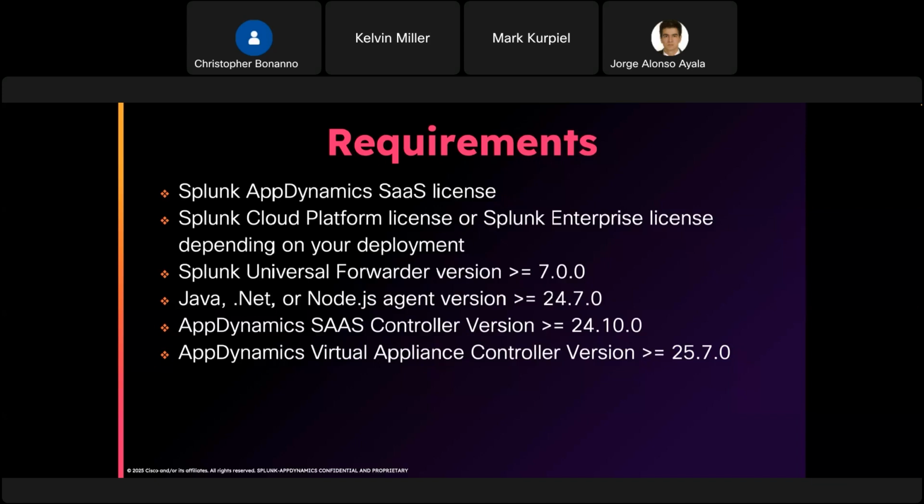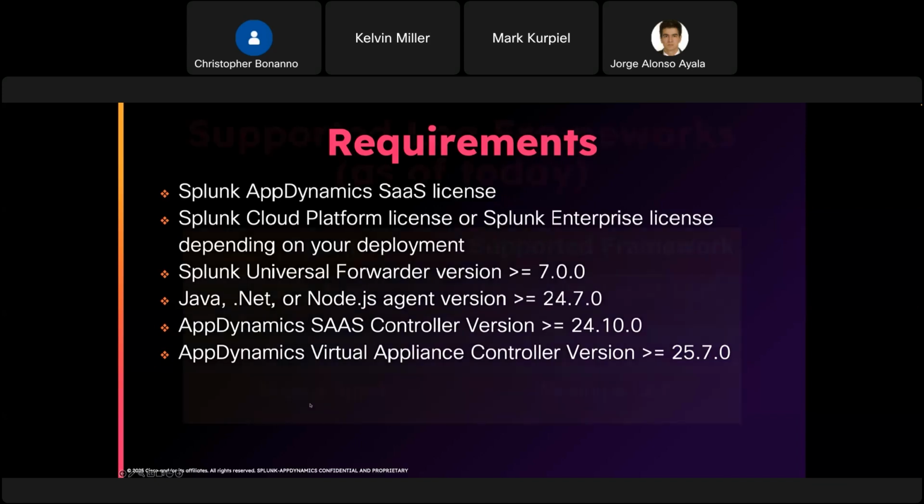And then also you need to have a newer version of the AppDynamics controller, either the virtual appliance, which is kind of self-hosted, or SaaS. Either one of those will work. The legacy on-prem does not work currently, but it's something to keep your eye on. And then also make sure that you're running those correct versions of either one.